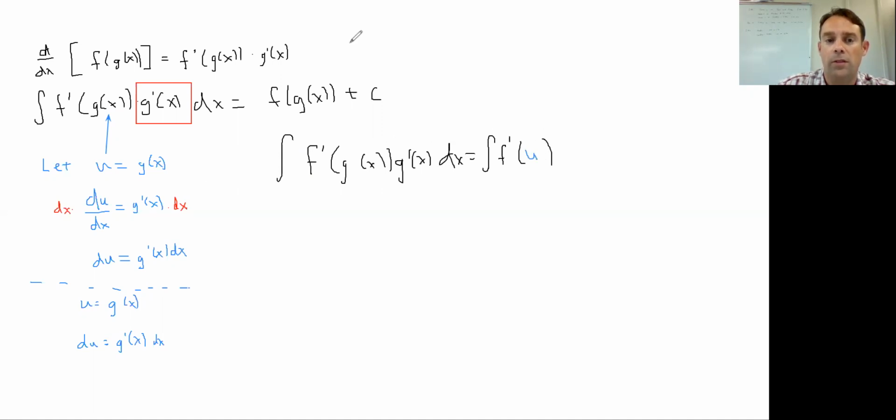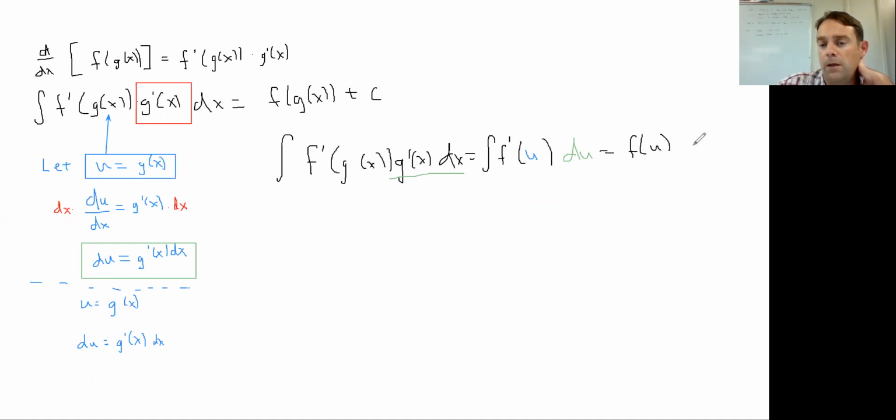That's what this was right here. But if you notice, du is equal to g prime dx. So here's my g prime dx. That's what du is. So if I integrate this derivative, I end up with just the regular old function plus c.